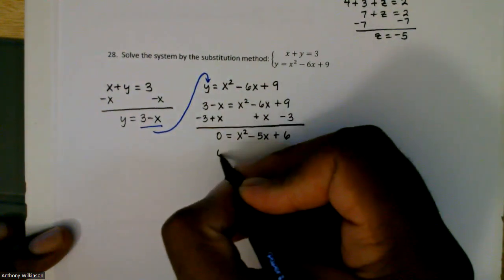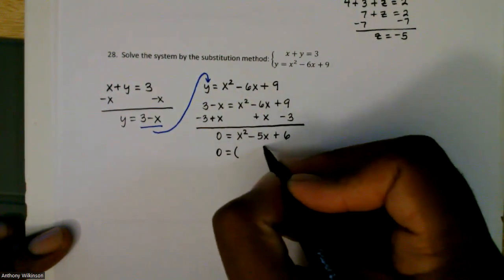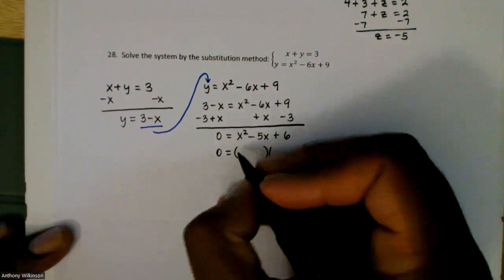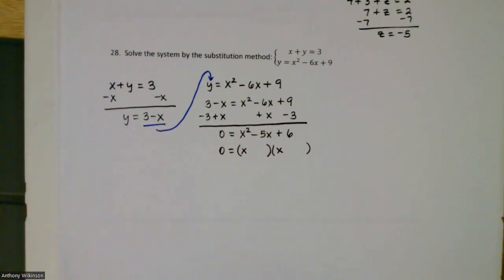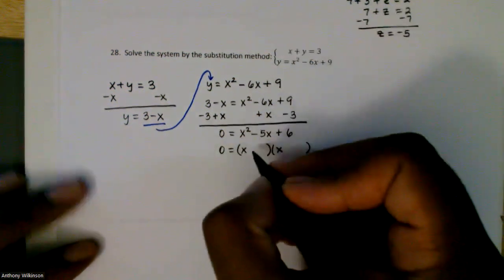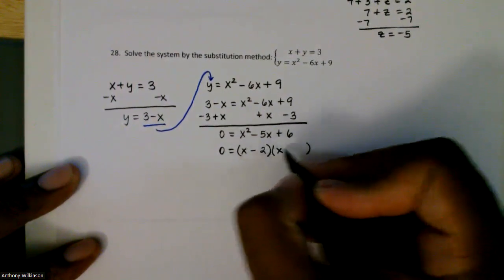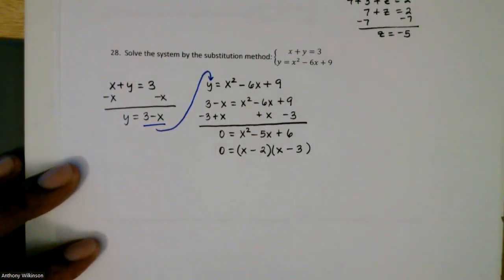Now I can factor x squared minus 5x plus 6 into two binomials here. So I got x and x. Then I need factors of 6 that give me minus 5x. Has to be minus 2 and a minus 3. Then we're going to set each binomial factor equal to 0.